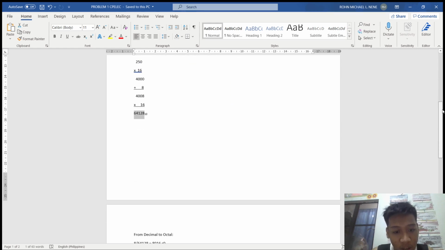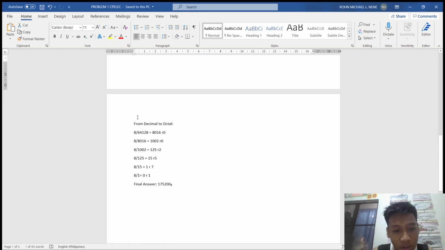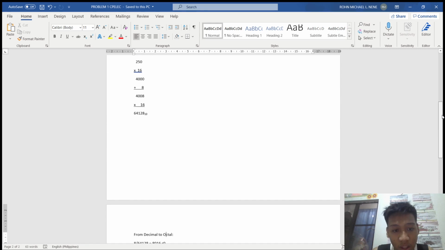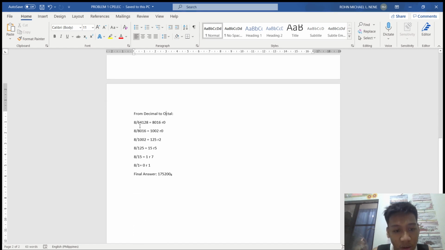Then after converting it to decimal, we will convert it from decimal to octal. What the value that we get here from the decimal value is 64,128. And then by dividing it to 8, we will be having a value of 8,016, which has a remainder of 0.